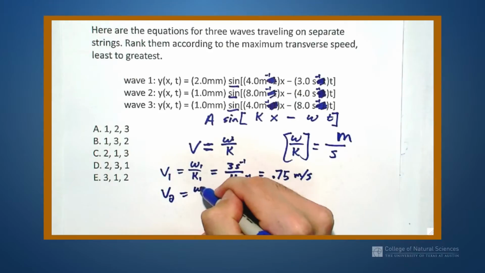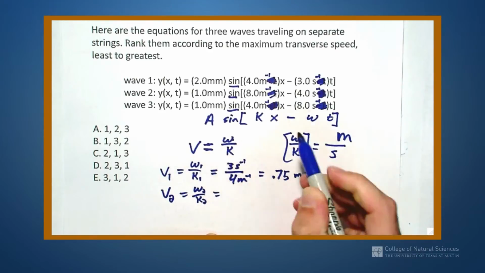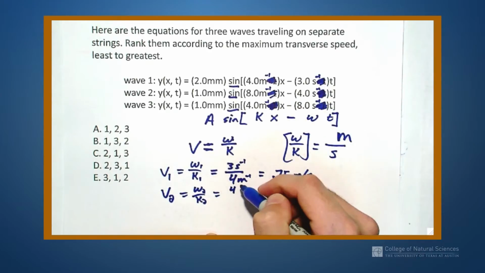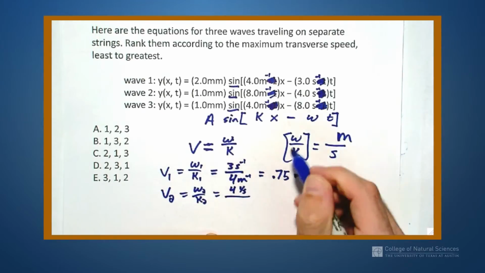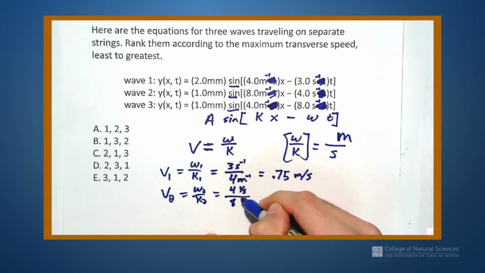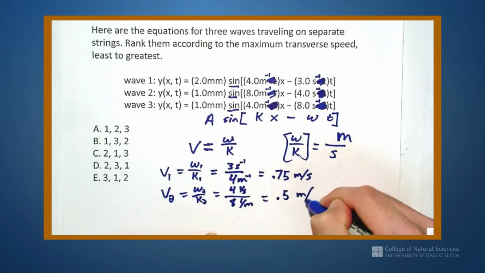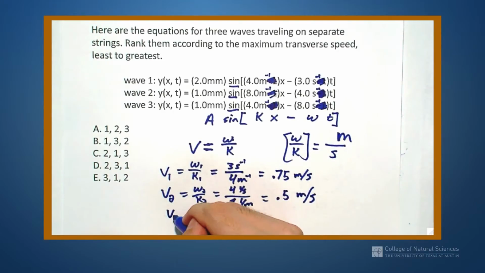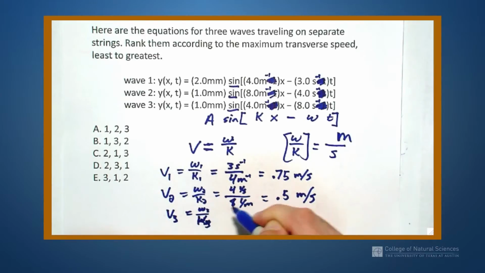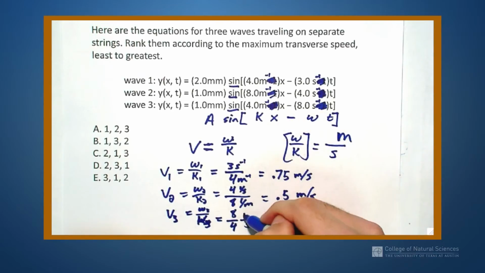V2 is going to have omega 2 over k2, which is 4 inverse seconds over 8 inverse meters, for a total of 0.5 meters per second. And V3, my last one, again omega 3 over k3, is equal to 8 inverse seconds divided by 4 inverse meters.